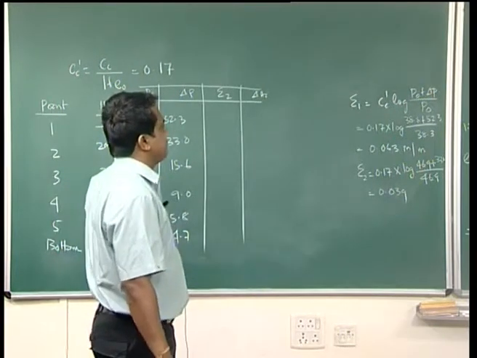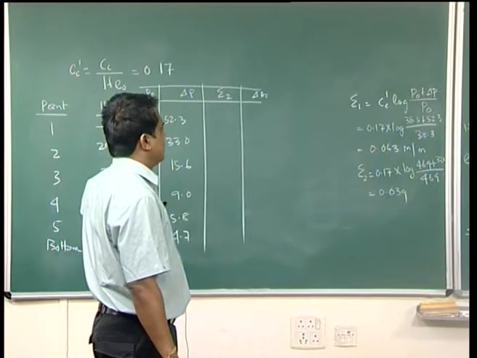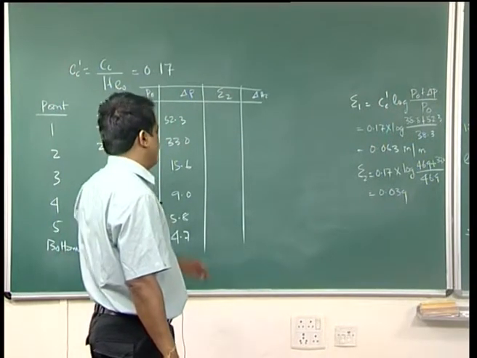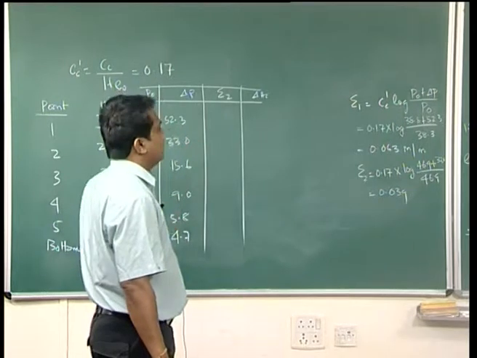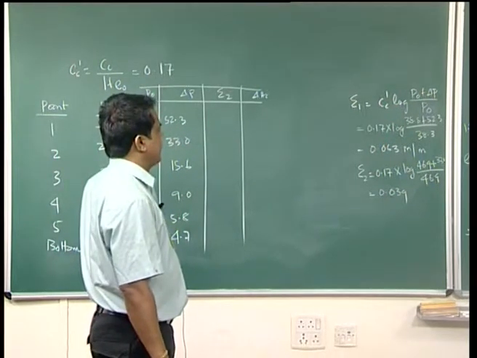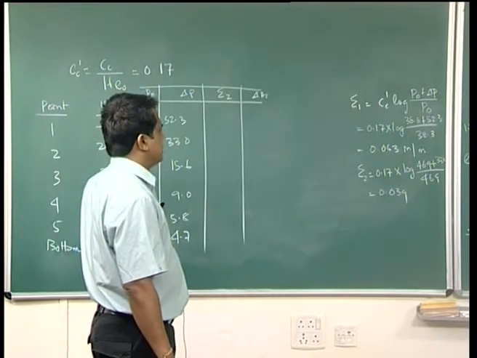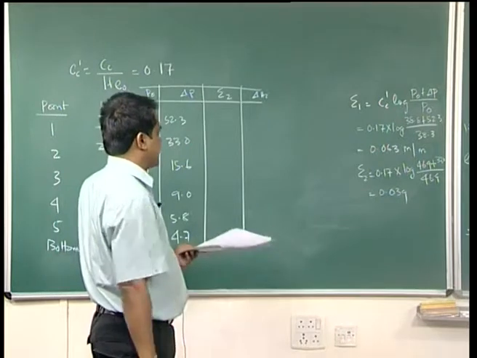So, it is Cc prime log of (P0 plus delta P) by P0. So, this will be 0.17 into log of (38.8 plus 52.3) divided by 38.8, this will be 0.063.